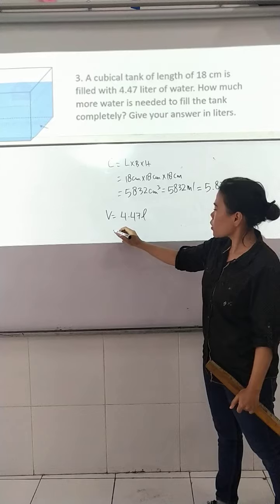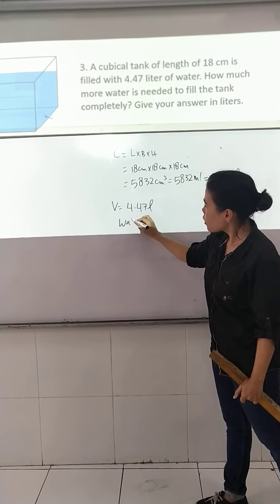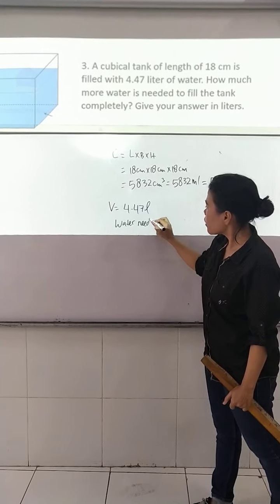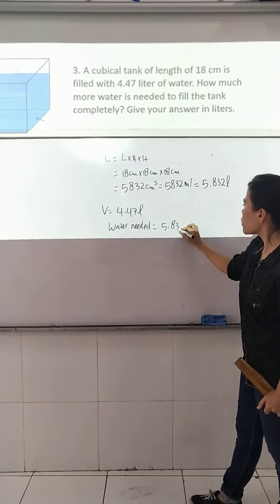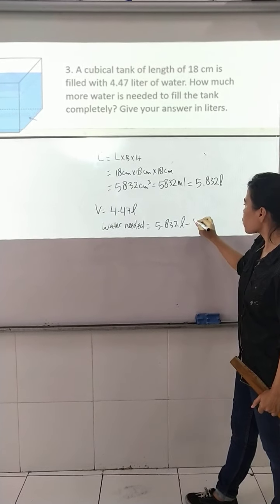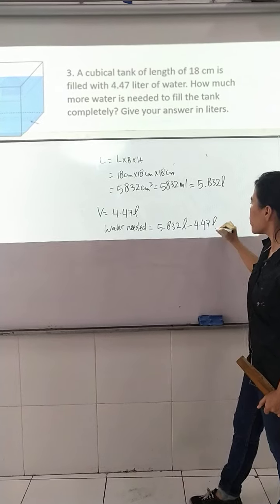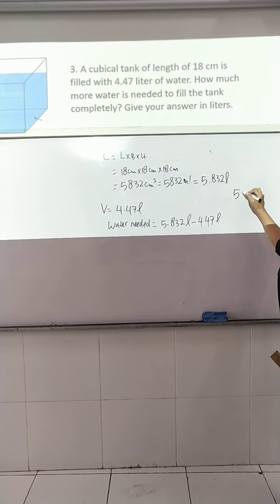Okay, how much more water is needed? Water needed equals 5.832 liter minus 4.47 liter. We have learned how to subtract decimals.